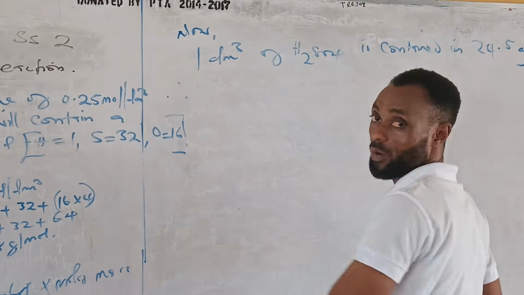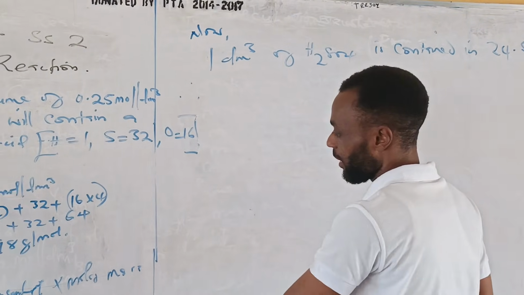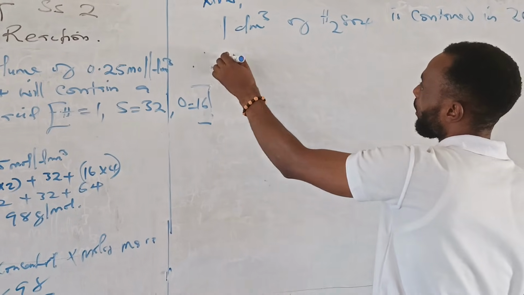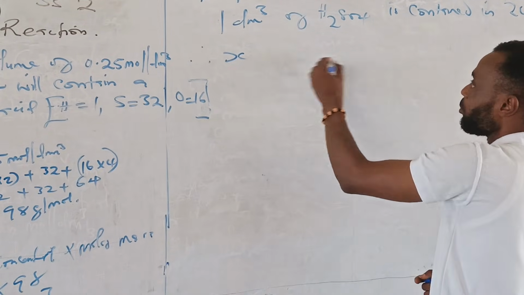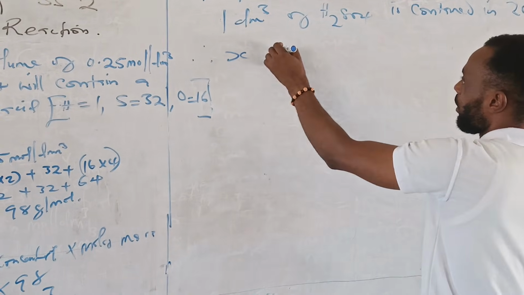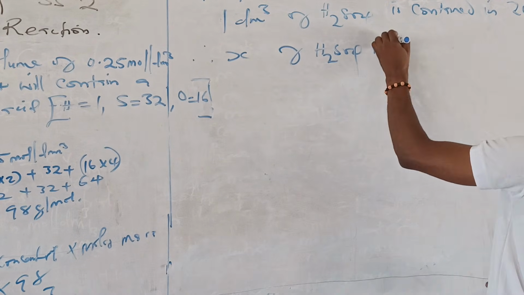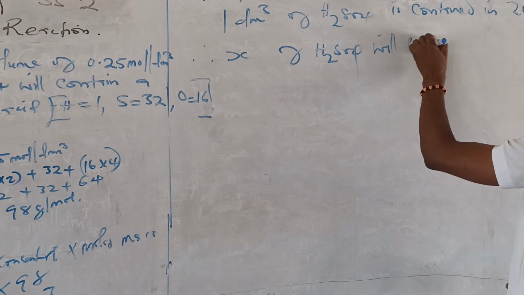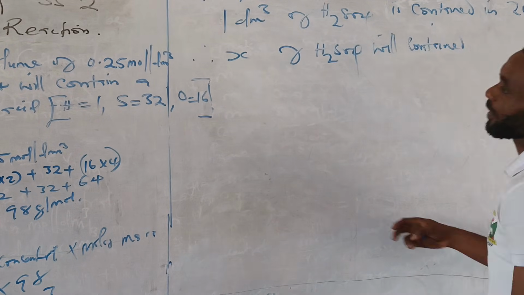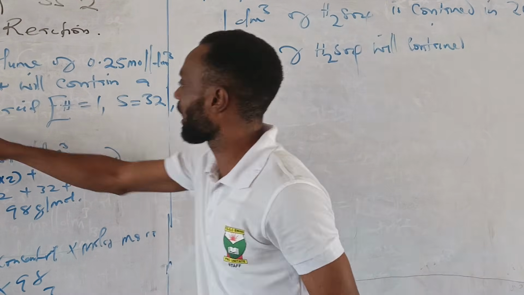Therefore, we have x dm cube, which we are looking for, of the same compound H2SO4, will contain, from the question, 4.5 gram.